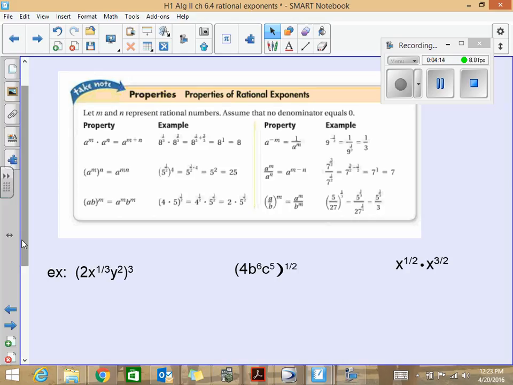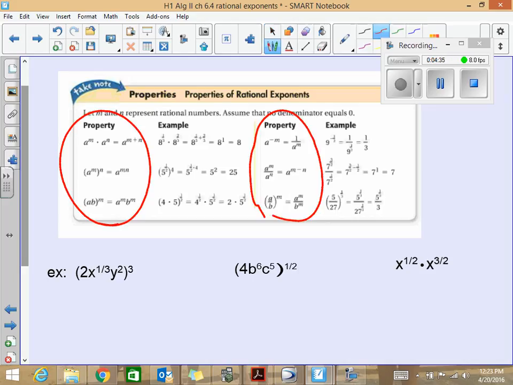This is an example of all those properties: if you're multiplying like bases, you add; power to a power, you multiply; you can distribute the power; negative powers, you just bring it down. We've already looked at all of these properties, we just didn't use fractions. So this shows how you can do it using fractions. Same stuff applies. You might just have to add fractions, multiply fractions, etc.